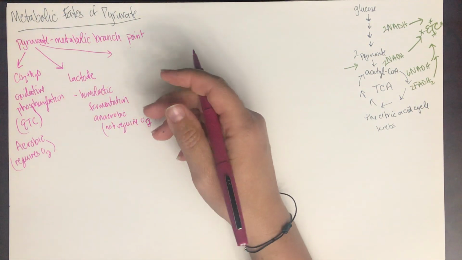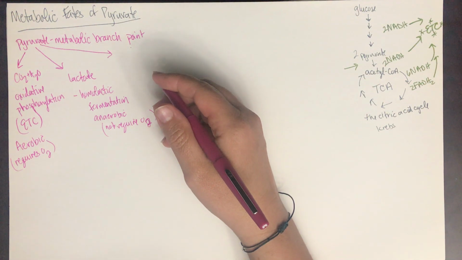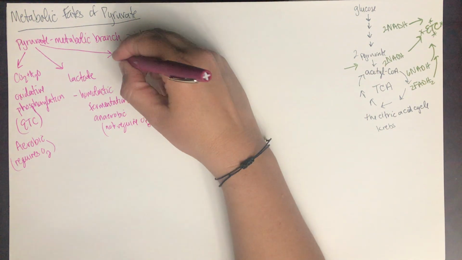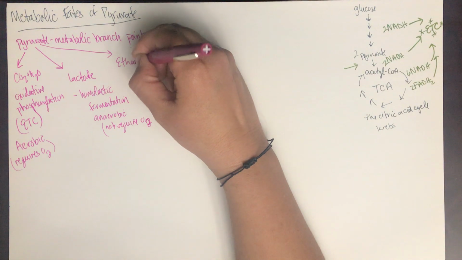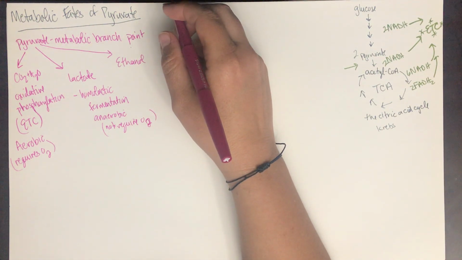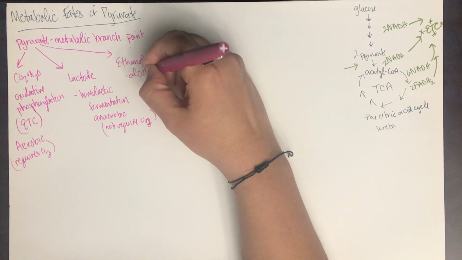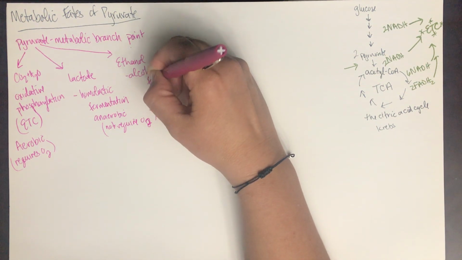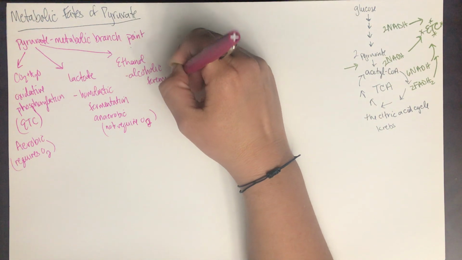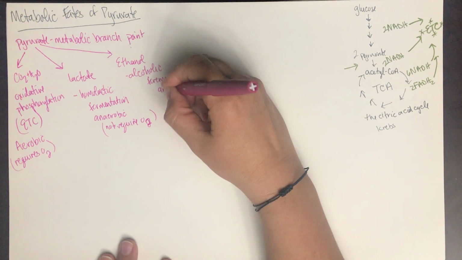Another thing we can do with pyruvate is alcoholic fermentation, which produces ethanol. Yeast and bacteria can do this. Our cells cannot. This is called alcoholic fermentation. Again, anaerobic.